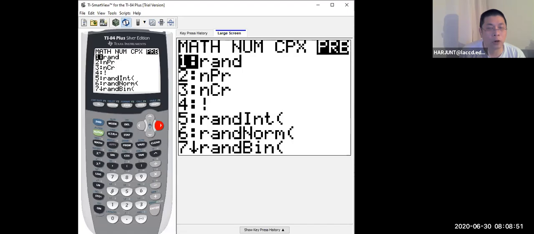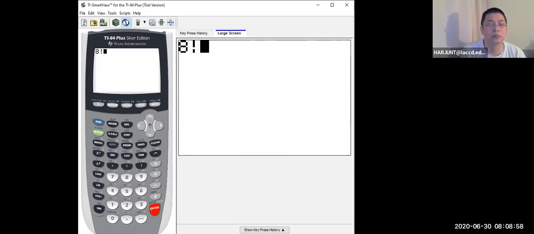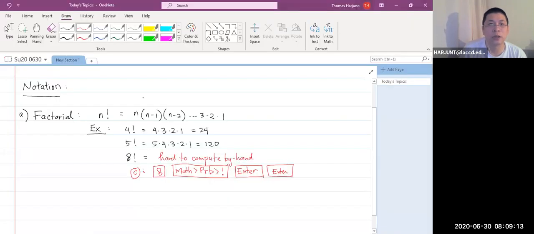You can press 4 right away, or you can move your cursor. That's the first enter. The second enter will give us the answer, 40,320. So 8 factorial is 40,320.